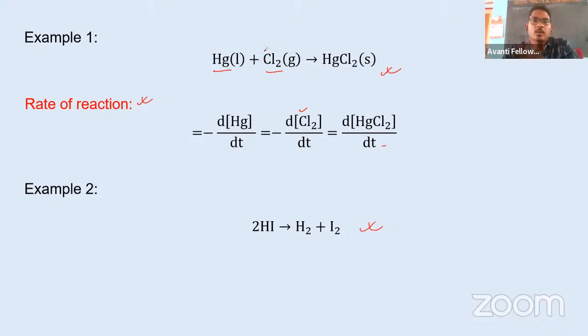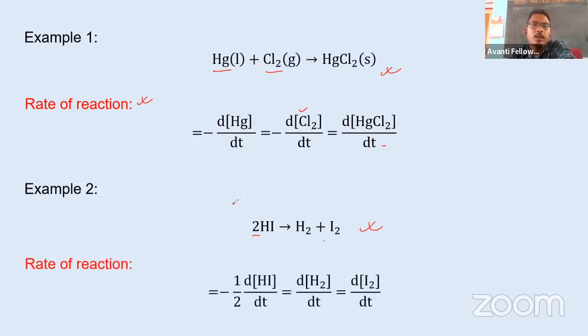Okay, I hope you tried this one. So let's see how to write this one. The coefficient of HI is 2, the coefficient of H2 is 1, and the coefficient of I2 is 1. So here we can write the rate of the reaction equal to the rate of change of HI divided by its coefficient, with a minus sign because it's our reactant.